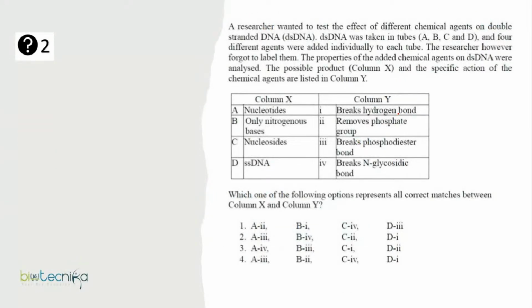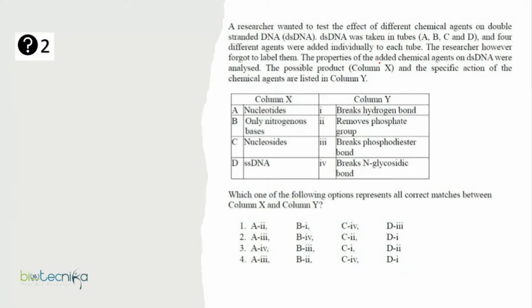Next, you have to match the table. But what are they saying? A researcher wanted to test the effect of different chemical agents on double-stranded DNA. Double-stranded DNA was taken in tubes A, B, C, and D, and 4 different agents were added individually to each tube. The researcher, however, forgot to label them.